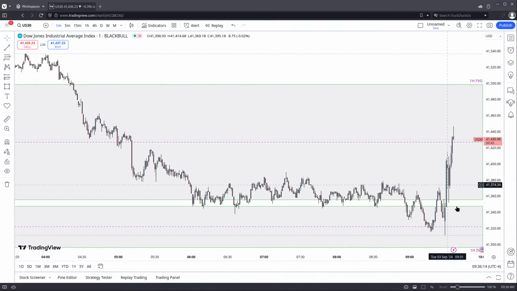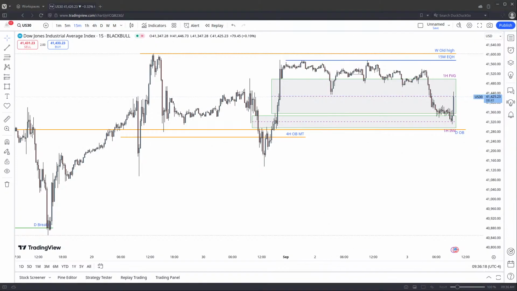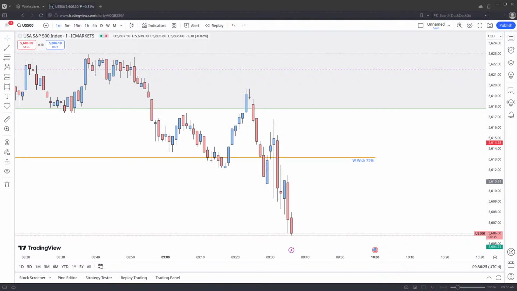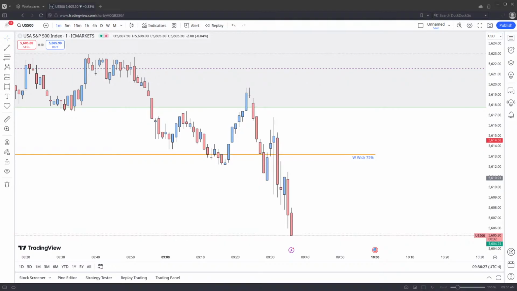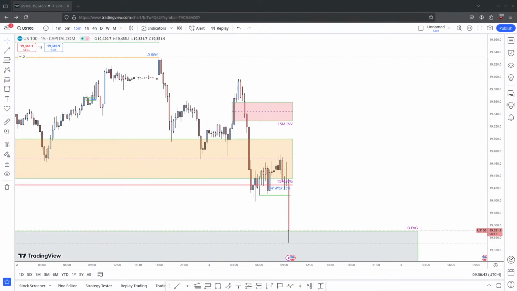Pushing up really higher is what we wanted to see on US 500 and the NAS. Excuse me. So there we go. We're inside that daily fair value gap. Daily fair value gap on the NAS.